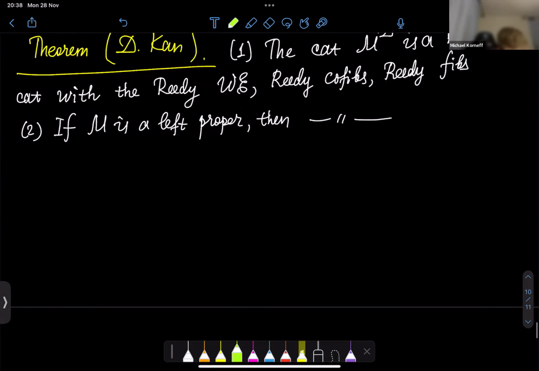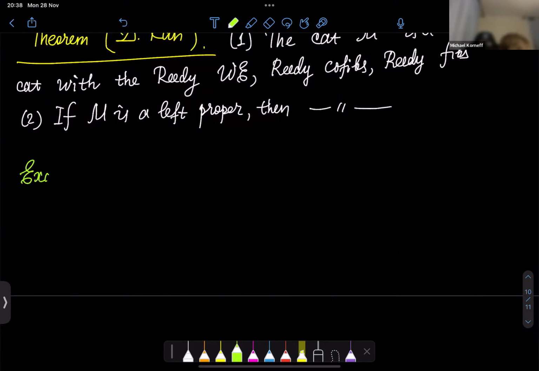consider the example. If M is a model category, then we know that this category of simplicial objects in M has a model category structure from the Reedy structure of Delta op.